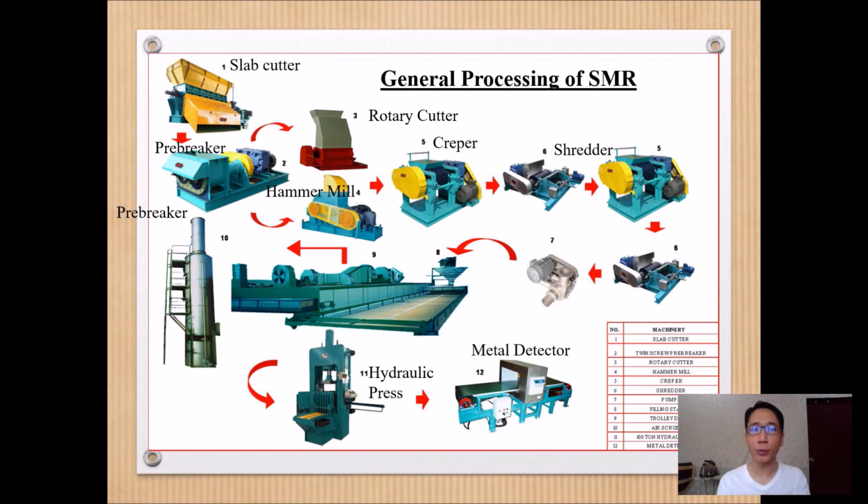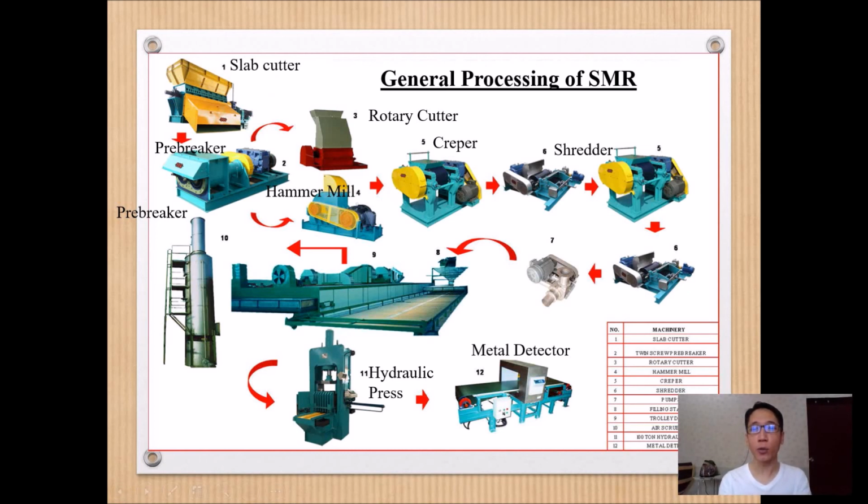Then you go through the hydraulic press, but bear in mind, before you can press into a rubber bale, you need to allow your material to drop in temperature to approximately 50 to 60 degrees Celsius before you can hydraulic press it into a rubber bale. The rubber bale will weigh approximately 33.33 kg, and we go through a metal detector to screen out any impurities or metals that may be attached to the rubber material.